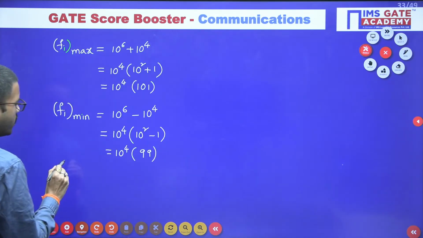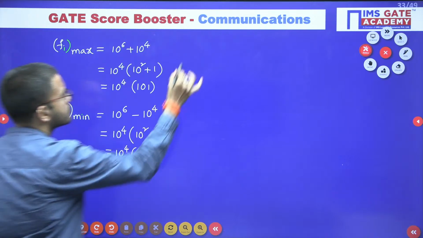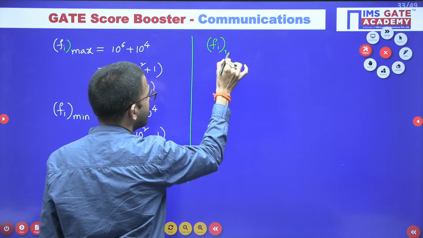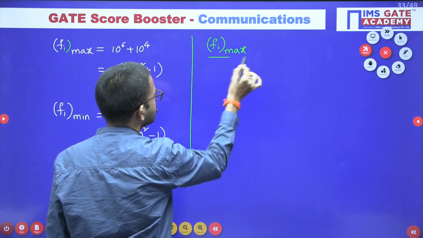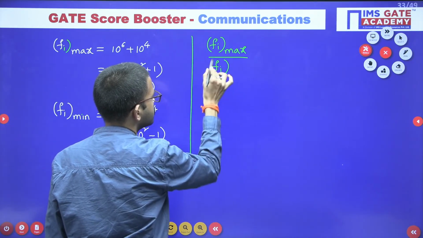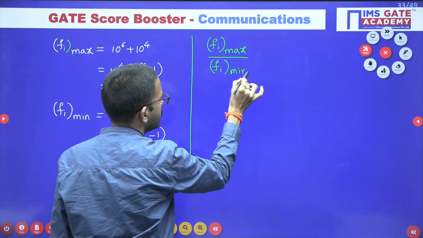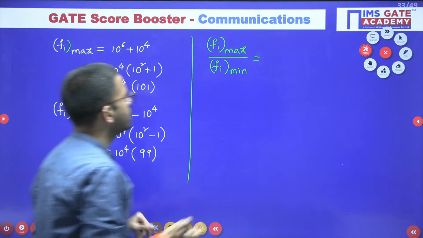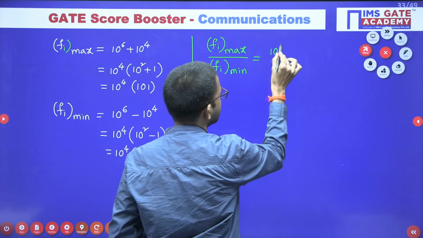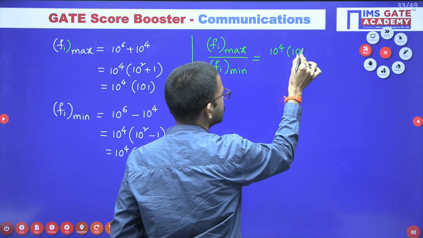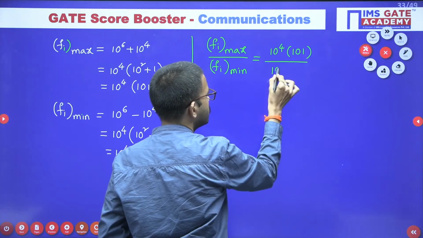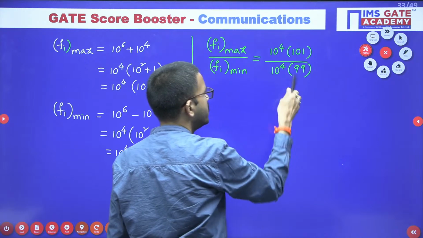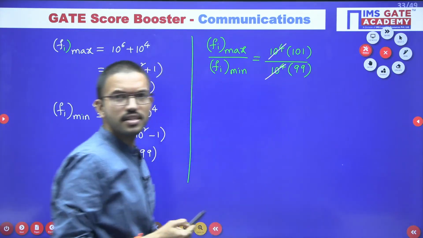So here, Fi max divided by Fi min, which is nothing but 10 power 4 into 101 divided by 10 power 4 into 99. Here 10 power 4 will get cancelled.